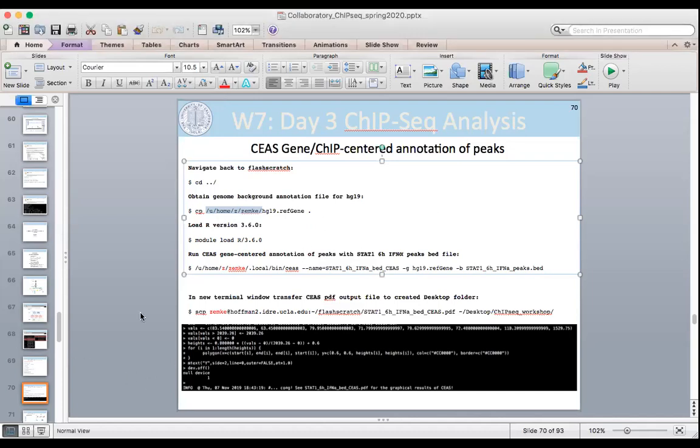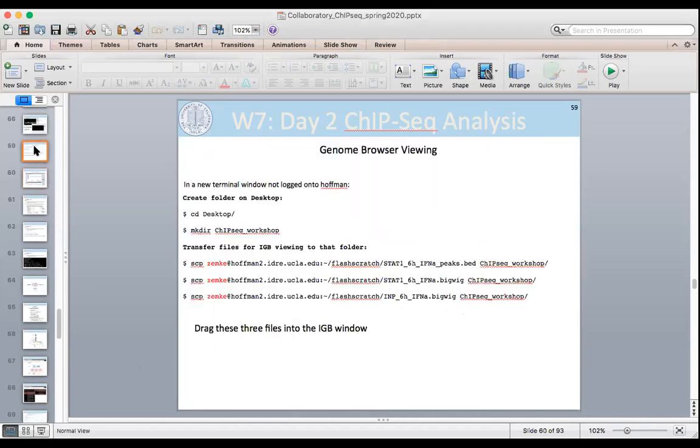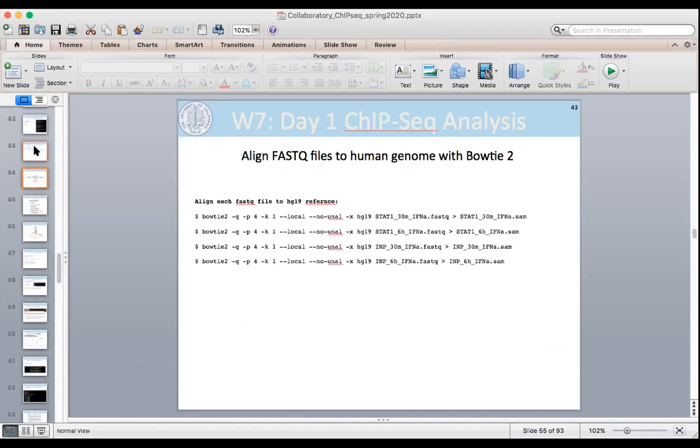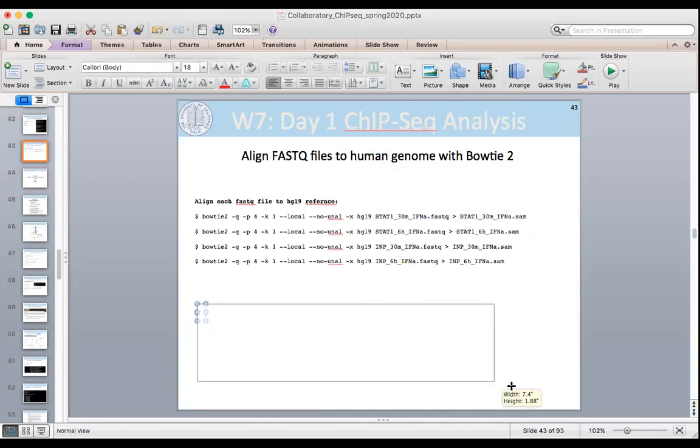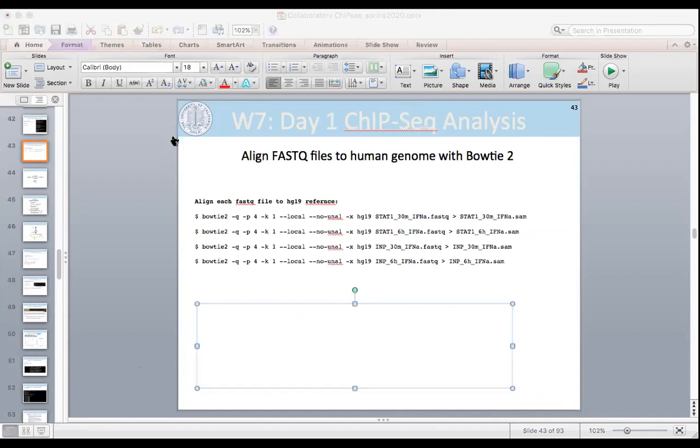If you're like me and you're having trouble downloading the HG19 reference from that link, I'm going to put up a few commands to copy them from my folder, because I'm not really sure why that error is happening. So hold on one second.